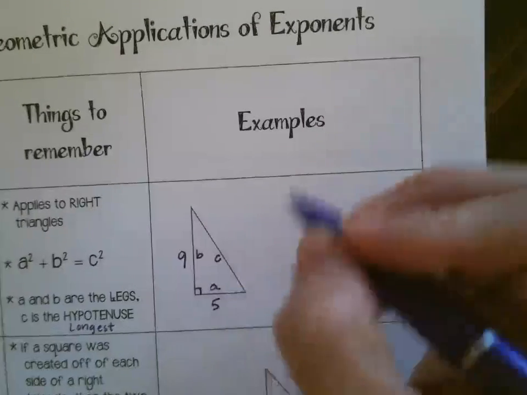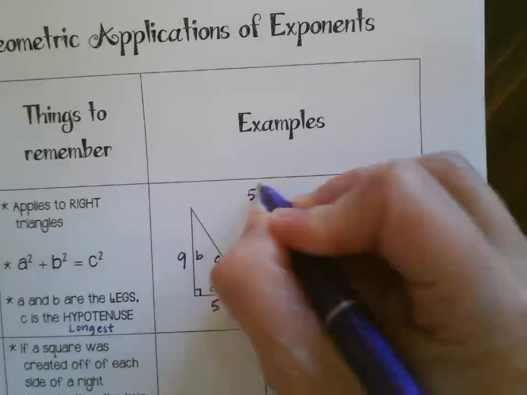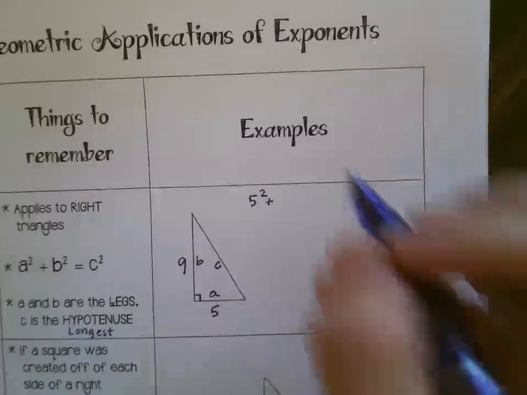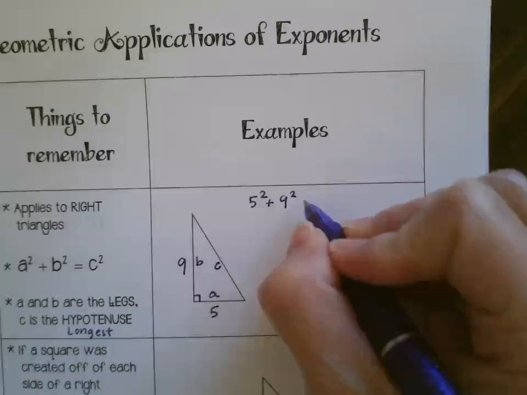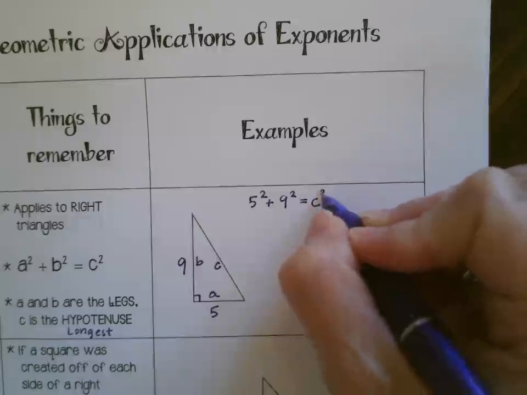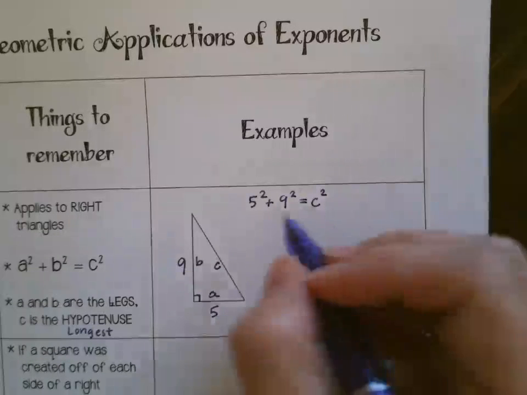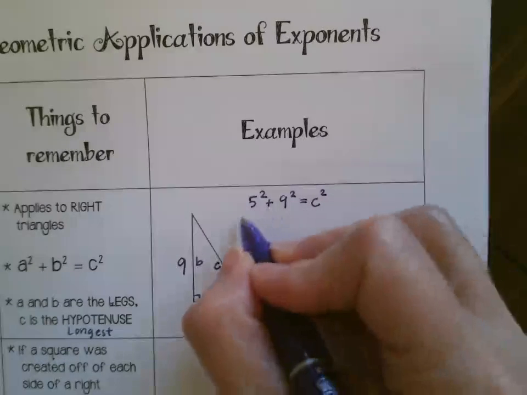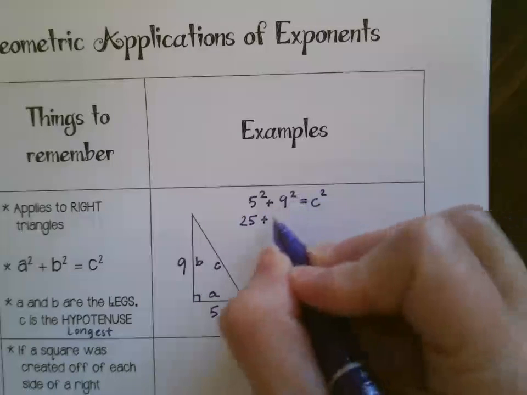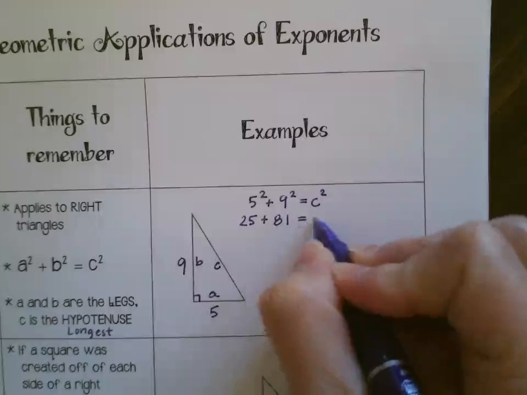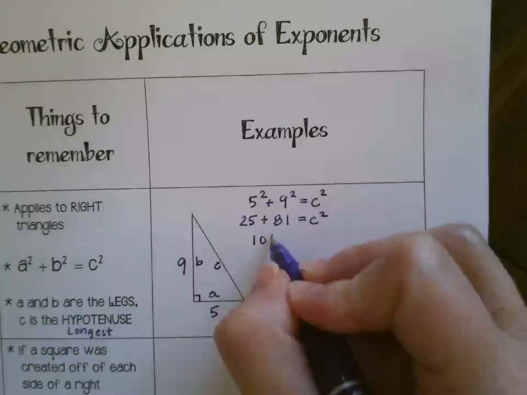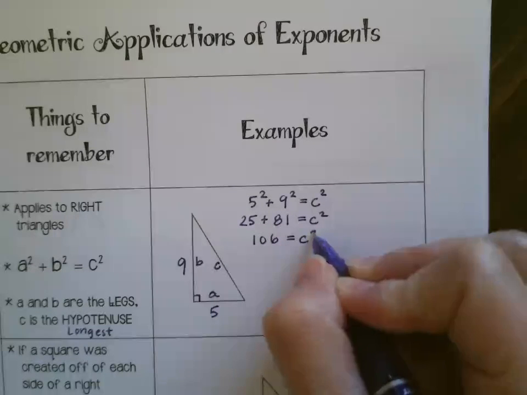So a squared means 5 squared, plus b squared, which would be 9 squared, equals this side squared, which would be c squared. All right, let's do what we can. We know 5 squared is 25, and 9 squared is 81. I can add those together and get 106.